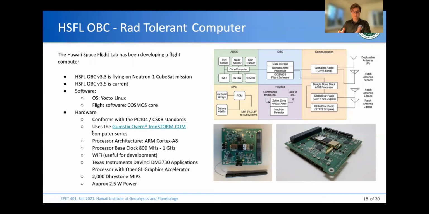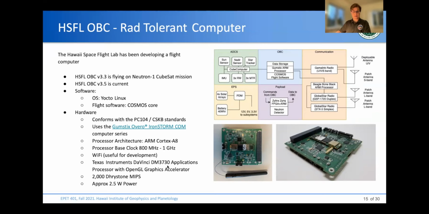We have the Gumstix Overo IronStorm COM. This is the little processor board that is in the middle here. It's like a mezzanine board. And then this uses an ARM Cortex A8 processor running at around 800 megahertz to 1 gigahertz. It has Wi-Fi, which is useful for development, but we don't use that for flight.